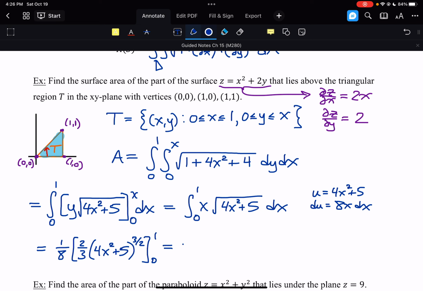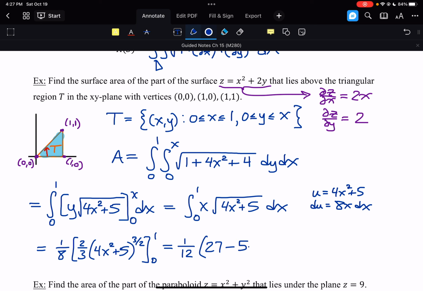1/8 and 2/3 makes 1/12. In the 1 case, we get 4 plus 5, which is 9 to the 3/2, which is 27, minus the 0 case. In this case, it doesn't turn into a 0. It actually turns into a 5 right here. And then we take the square root and cube that.